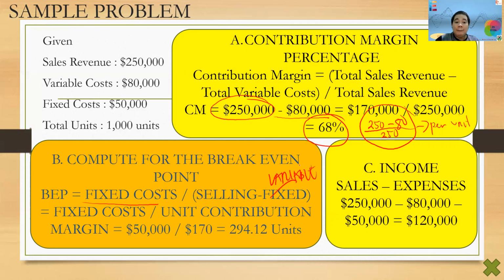Therefore, your number of units in order to break even is at 295 units. Lastly, the income for the problem is 250,000, which is your revenue, minus the variable cost of 80,000, minus the fixed cost. Your income is equal to $120,000.